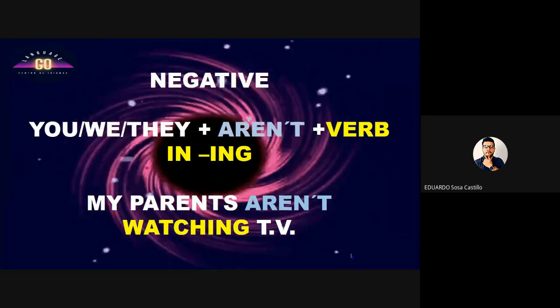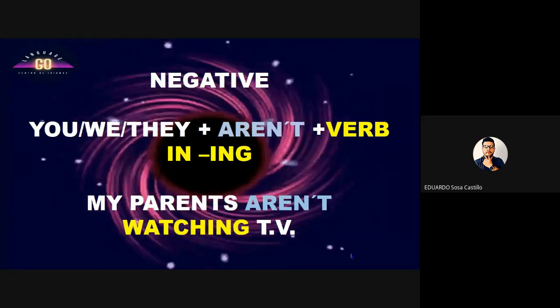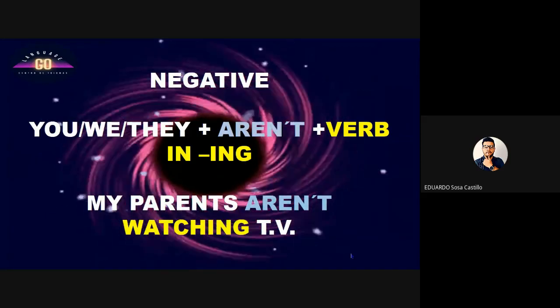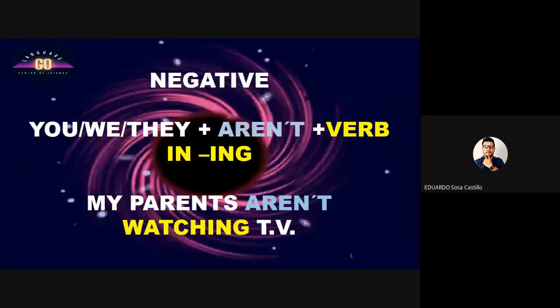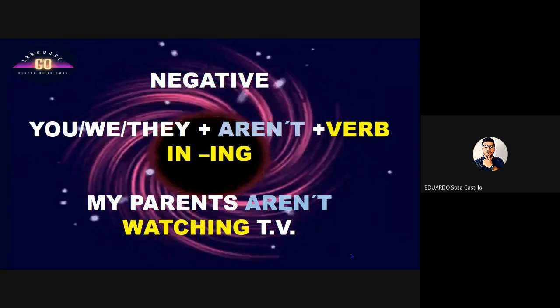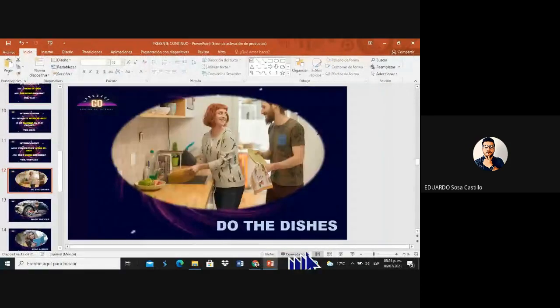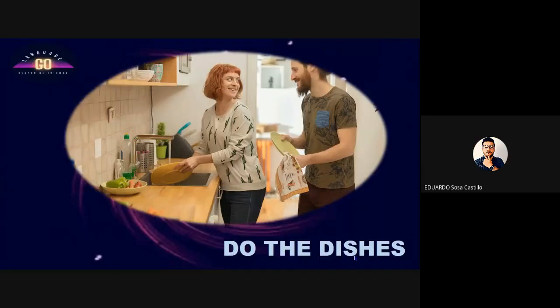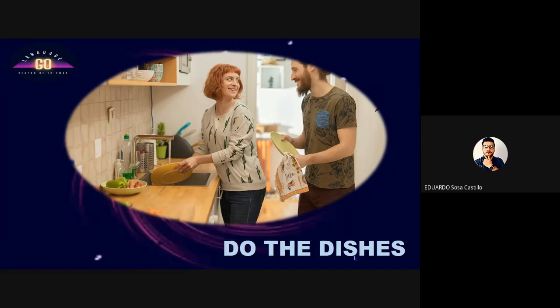Exactly. Right. Look at this, everyone. I have an idea so that we can practice the negative sentences. Why don't we go back to the other sentences and start imagining situations. For example, in the picture, they are doing the dishes, right? But why don't we change the situation so that it can be negative?